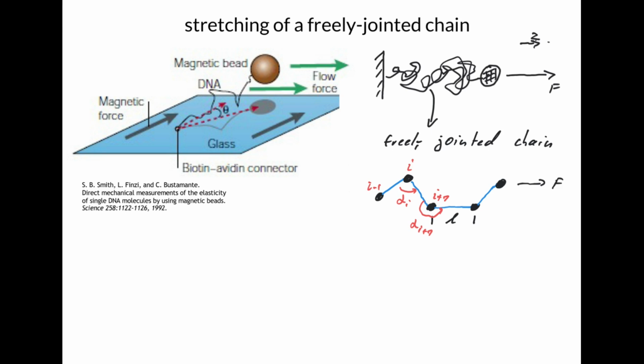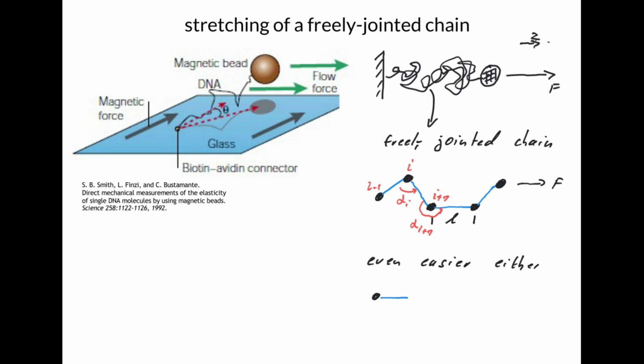Yet what we want to do here is an even easier model. The even easier model is that we neglect that this freely jointed chain model describes a chain in 3 dimensions. We now restrict the chain to being a one-dimensional object.